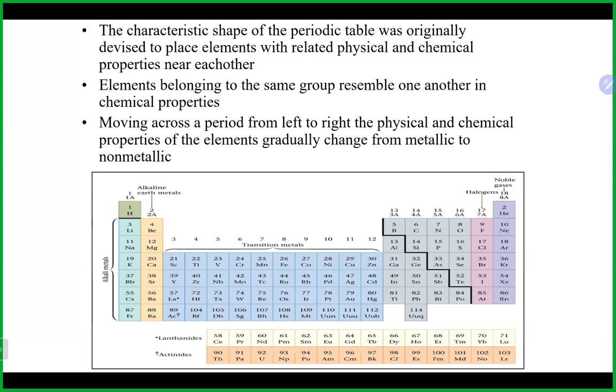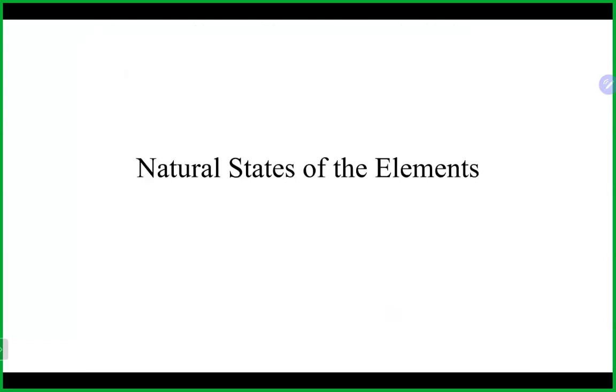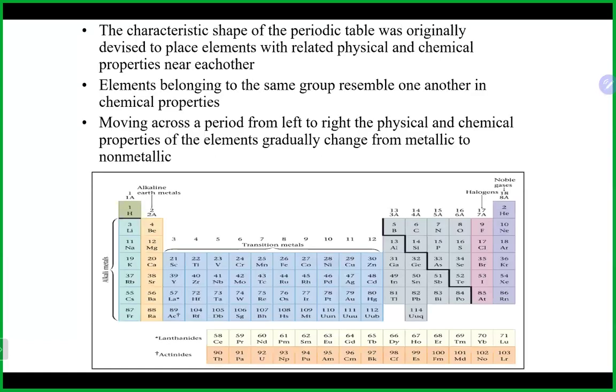And reactivity, as we will talk about, does depend on where you are on the periodic table. As we'll talk about in later chapters, that's why, when a metal and a non-metal get together, or when two non-metals get together, it depends on their location and their properties. We'll talk about some of that in those other chapters. Any questions on the periodic table?